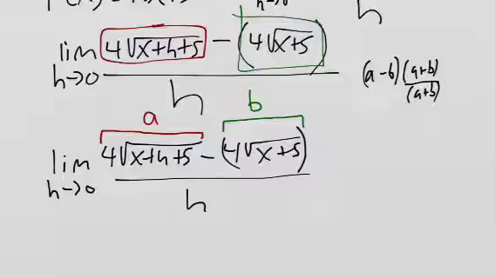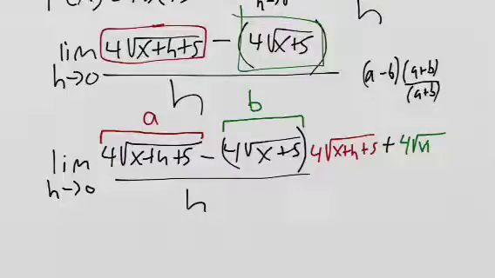So what we have to do then is rewrite A. So we're going to write 4 root x plus h plus 5. Okay, and then we're going to take this minus sign and change it to a plus sign. And then now we have to rewrite B, which is 4 root x plus 5.